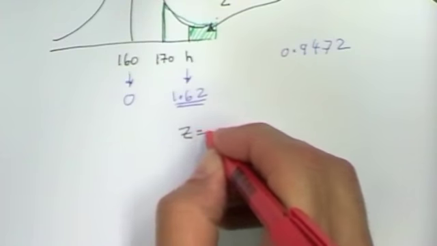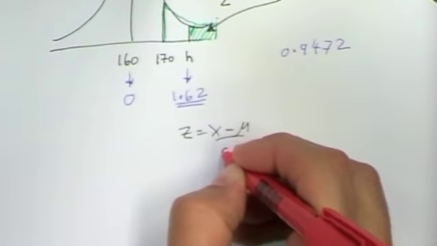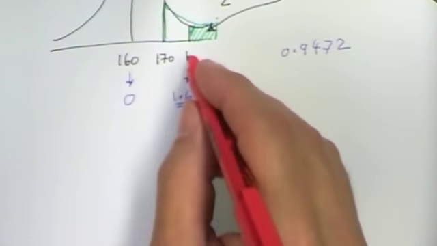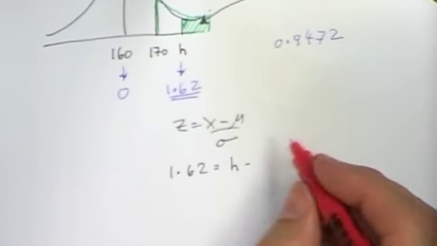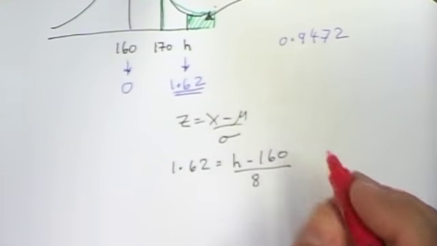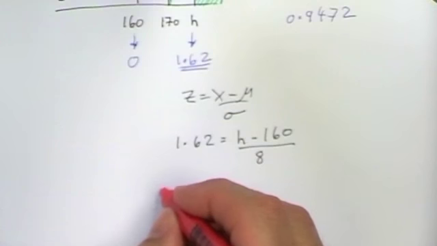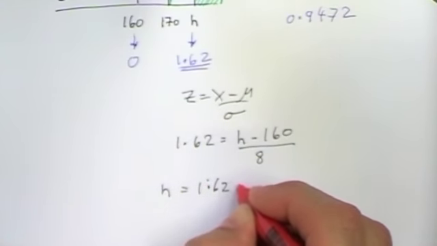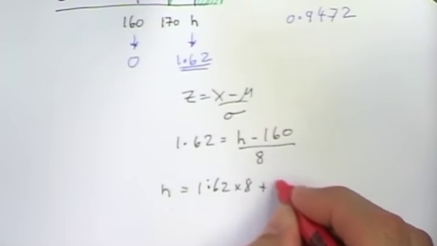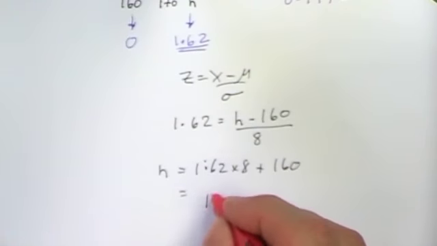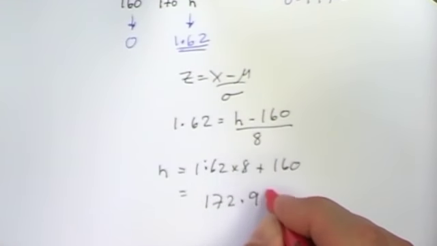So z equals x minus mu over sigma. So 1.62 equals, this time, h minus 160 over the standard deviation of 8. Rearrange that to get h equals 1.62 times 8, and then add the 160, and that's going to come to 172.96.